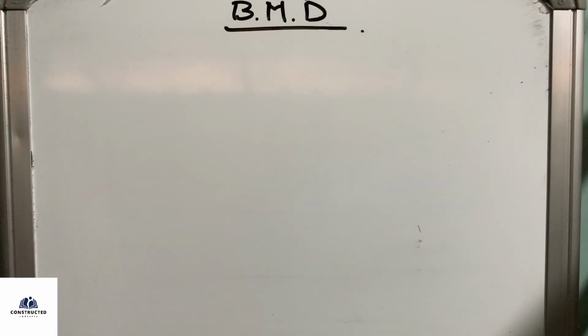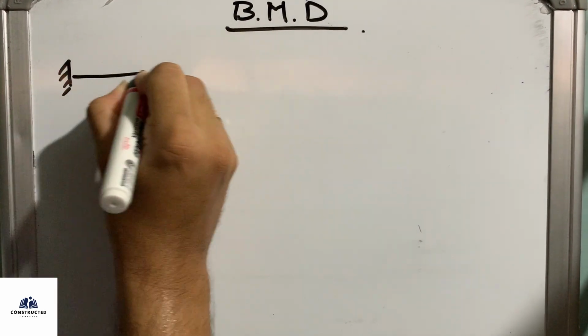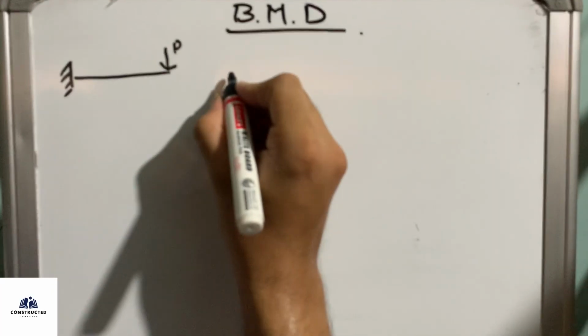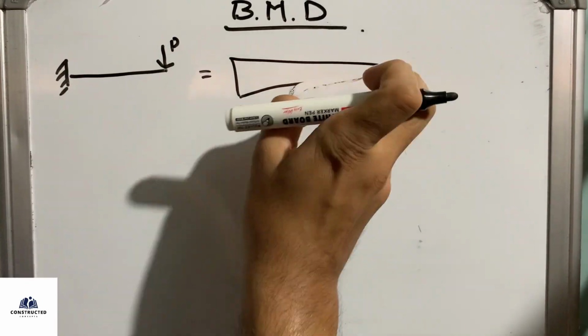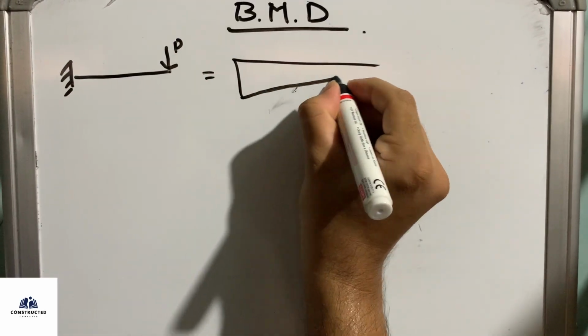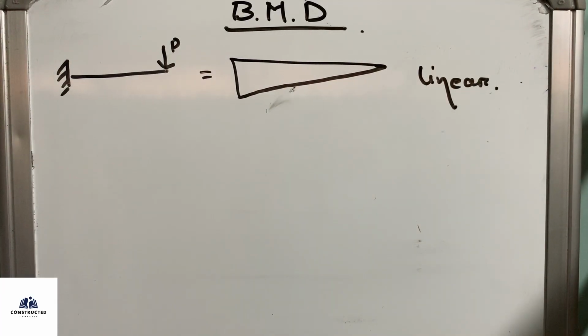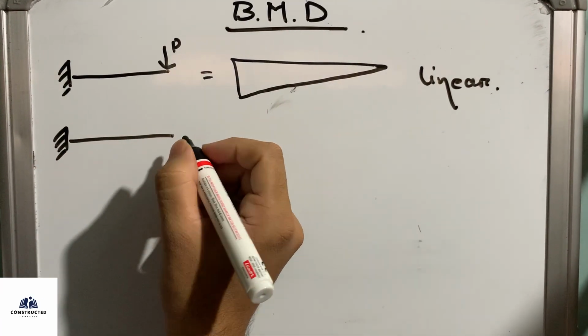So let's go to the cantilever beam part. The first is a cantilever beam with point load at the free end. For the bending moment, the drawing will be linear. These drawings are very important, as I have already said.